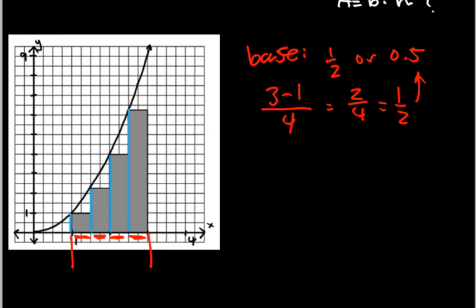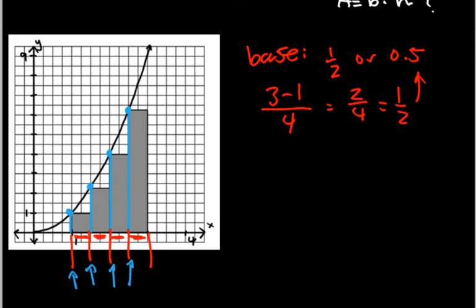Okay, so how about the heights? Well, what we notice is the heights and the function actually intersect. So as we look at each of these subintervals, what I'm doing is actually choosing heights based on the left-hand side of each interval.